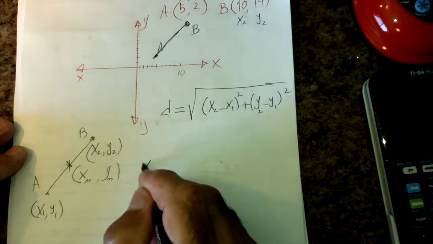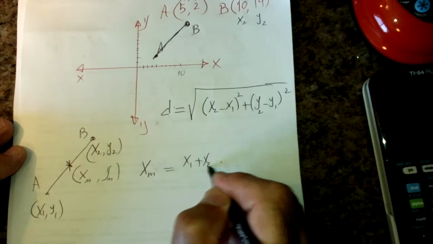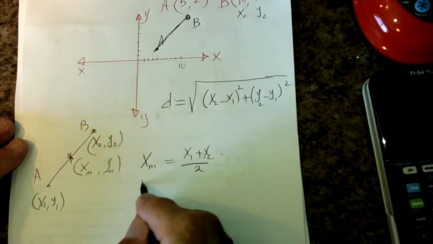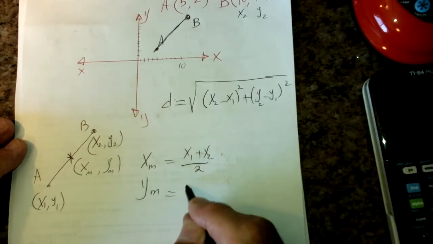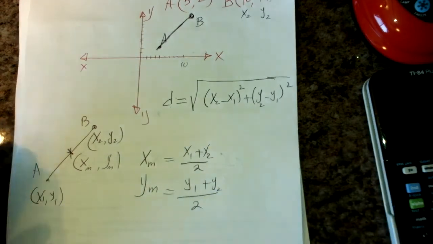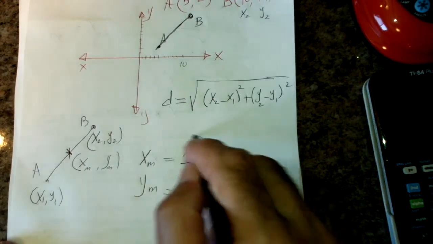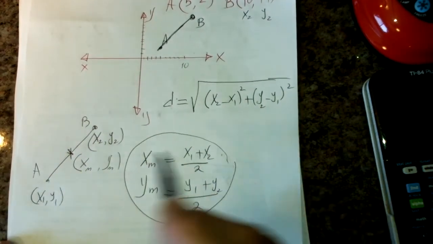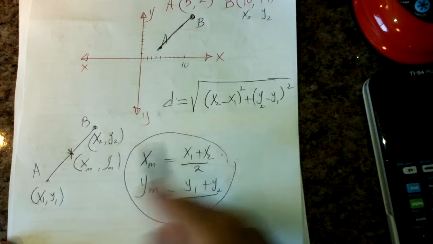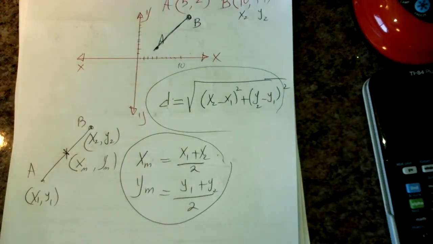So x of m is x1 plus x2 divided by 2, and y of the midpoint is the average of the y. So this is how to find the coordinates of the point exactly in the middle, and this is how to find a distance.